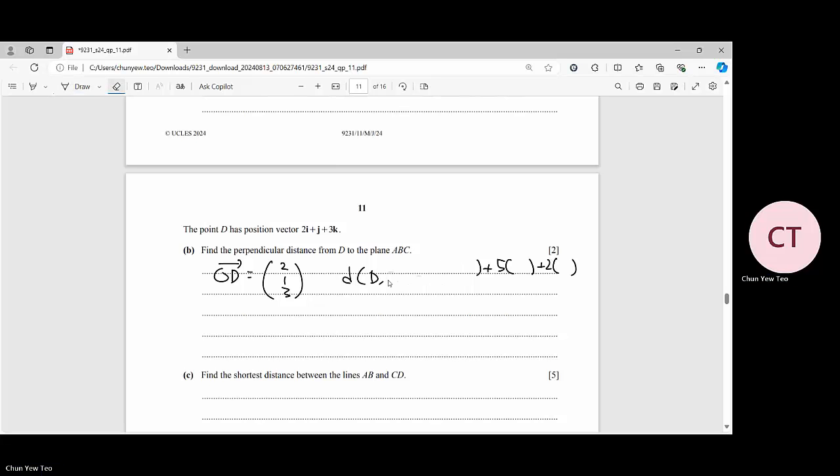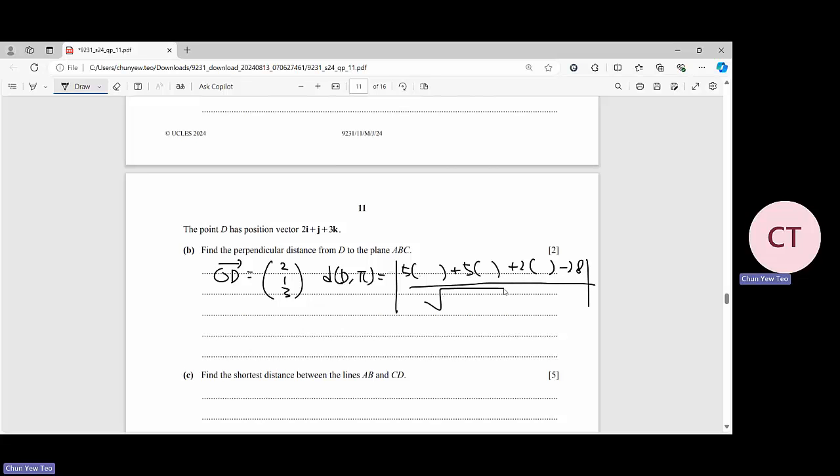Let me squeeze everything inside: 5x plus 5y plus 2z minus 28, divided by the square root of 5 squared plus 5 squared plus 2 squared.